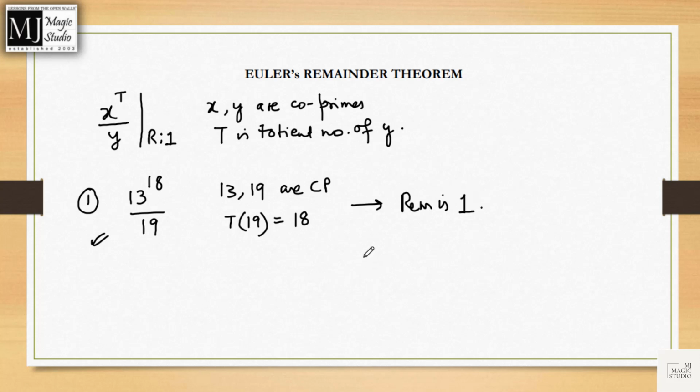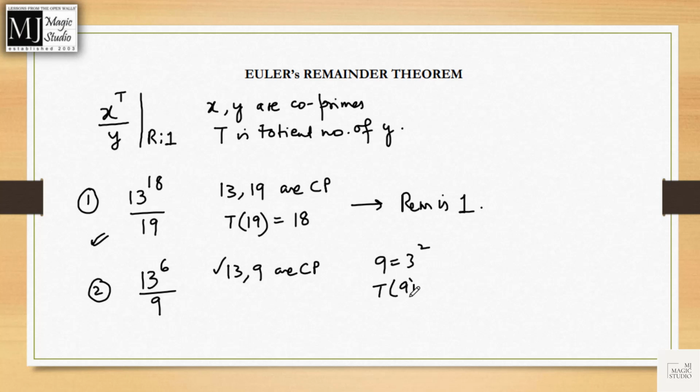We just need to check whether it fits in the theorem or not. If it fits in, just use it. Like for the record, you can keep one more example. 13 to the power 6 is divided by 9. 13 and 9 are coprimes. Done, first check done. Now we need the Totient number for 9. 9 is just 3 square.